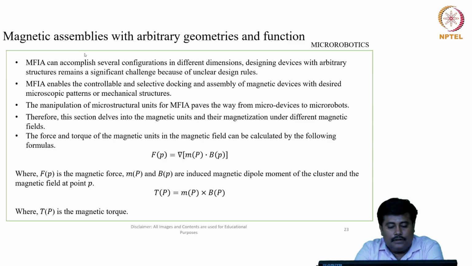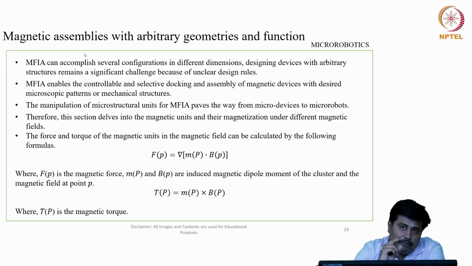The manipulation of the microstructural units of these magnetic assemblies paves the way from microdevices to microrobots.